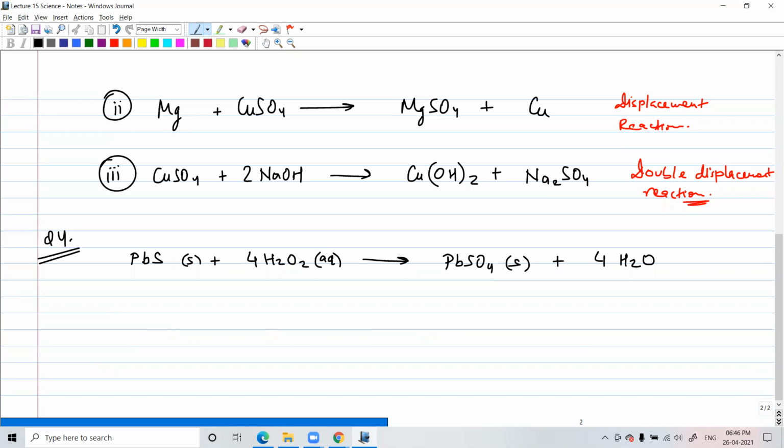You have to tell me which compound is getting reduced and which is getting oxidized.